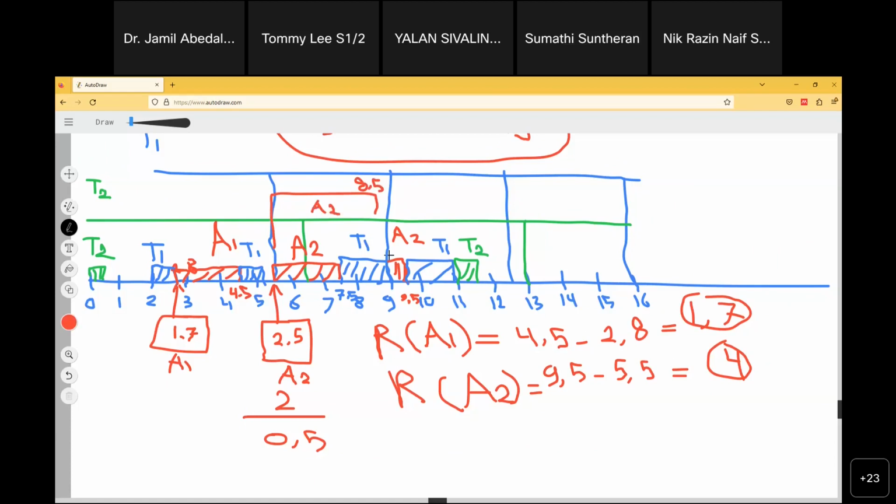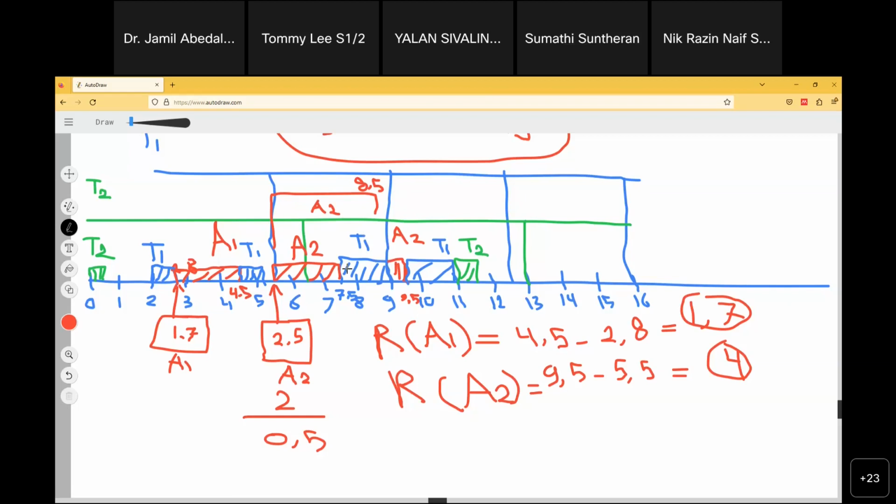But since there would be a missed deadline, T1 would exceed its deadline if we executed A2 at this unit. So in this case, first we execute task 1 from the end, from 9 until 7.5, which is 1.5 units.